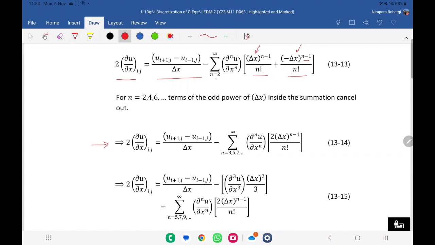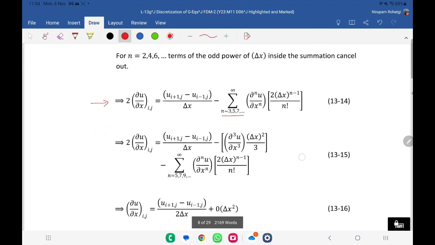Now, where you were having 2, 3, 4, all of them added, here you are having 3, 5, 7 only. So 2 is gone, 4 is gone, 6 is gone. Now out of this, if you take out the first term, you have 5, 7, 9 clubbed together. This is n equal to 3. This term is left here.